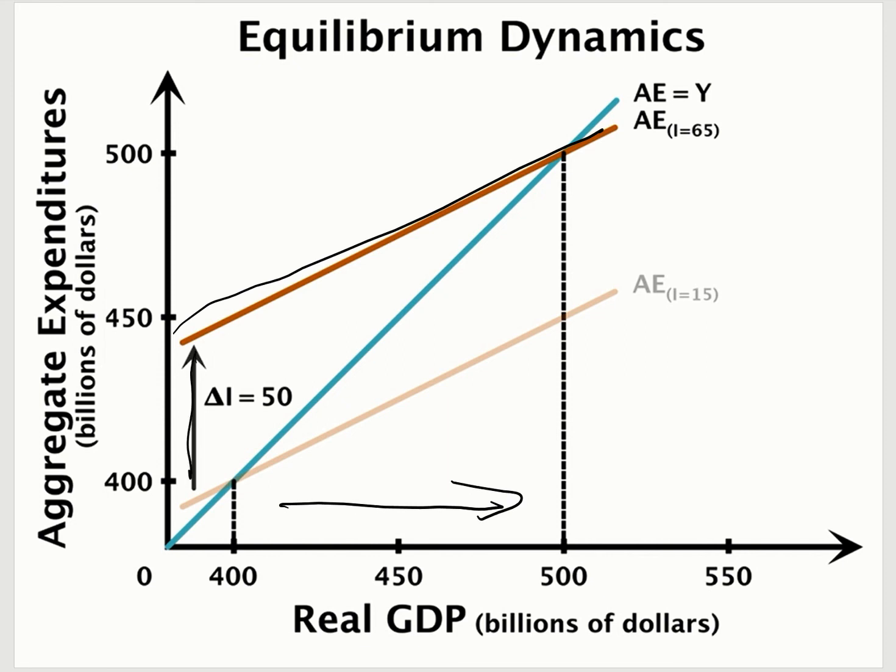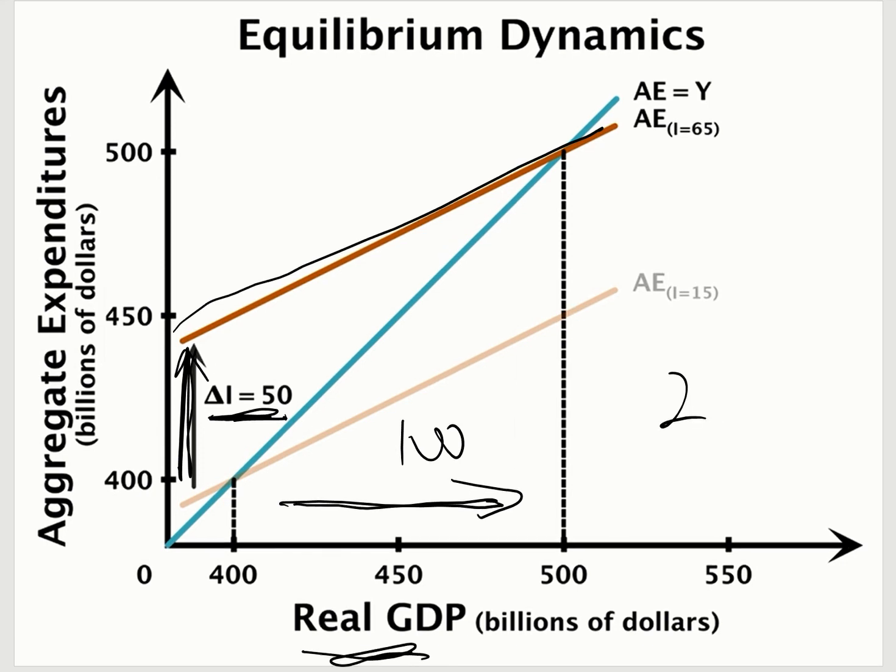So see that? The change in investment is only 50, but this changed our overall economy by 100. Now, why is that? Because of the multiplier effect. So this economy probably has a multiplier of 2, right? So increasing investment will lead to an increase of 100 in real GDP, according to our multiplier effect.